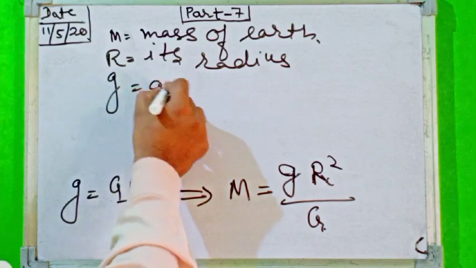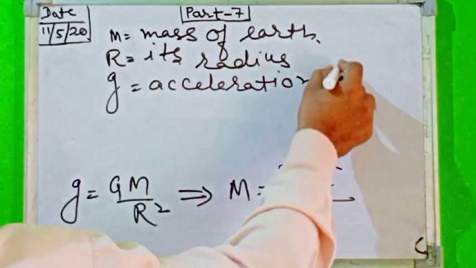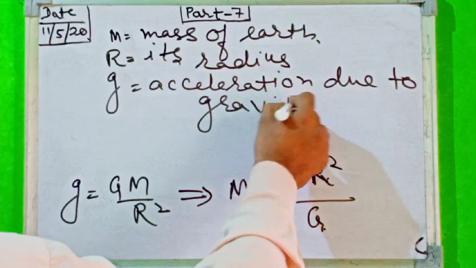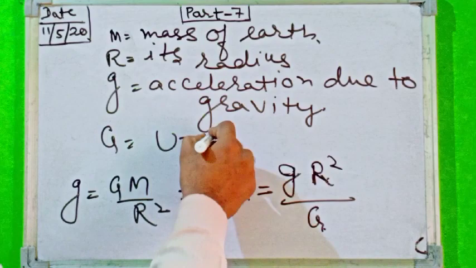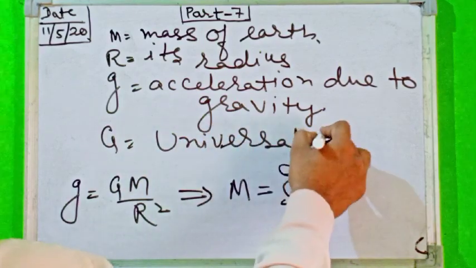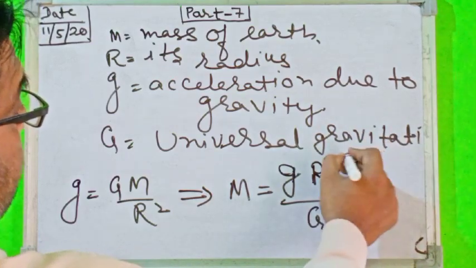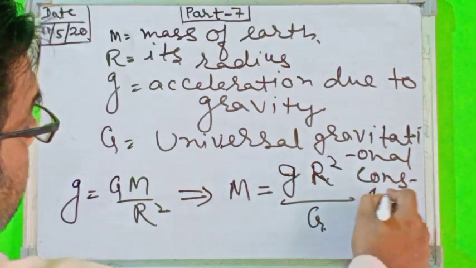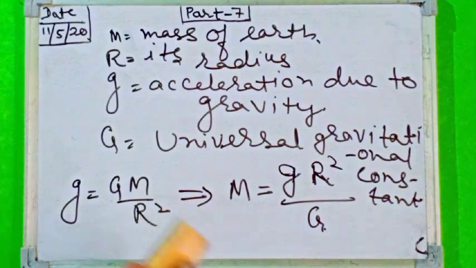Small g is equal to the acceleration due to gravity, and capital G is equal to the universal gravitational constant. Now I am writing each value and finding the mass of the earth.